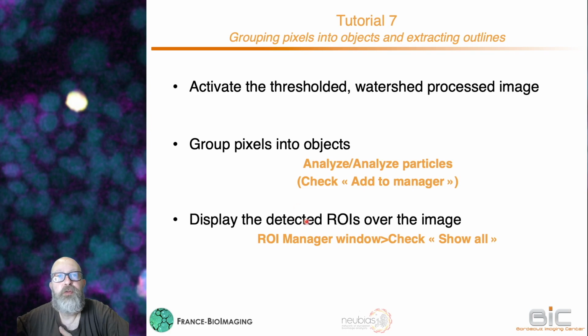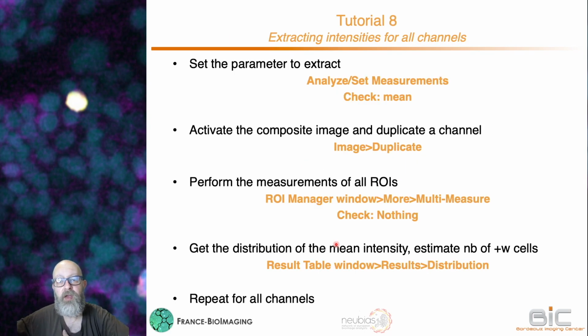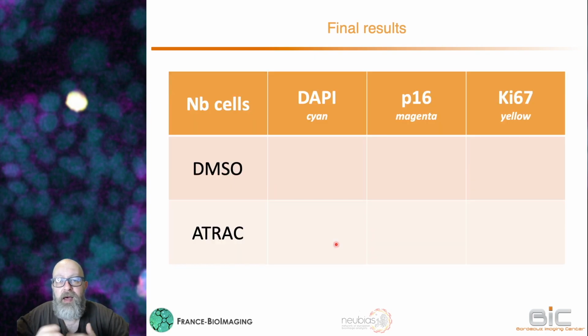So we've been able to analyze the particles to get the outline of each single nucleus and push it into the ROI manager. You may ask, what next? Next, we'll be trying to measure parameters such as the average intensity of the two signals within the nuclei. And to do that, we will have a look at how to do it in Fiji.